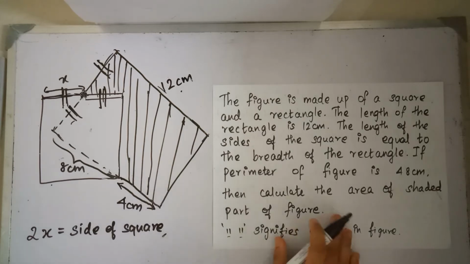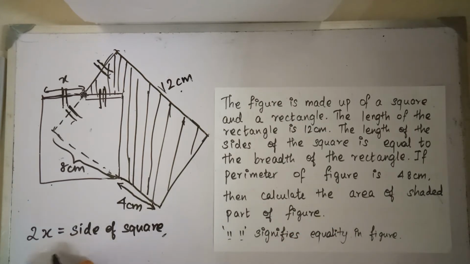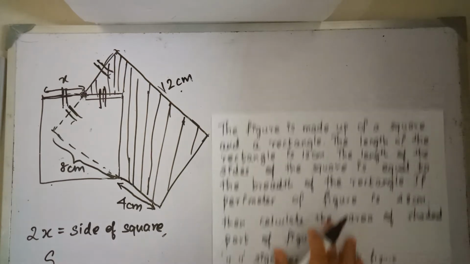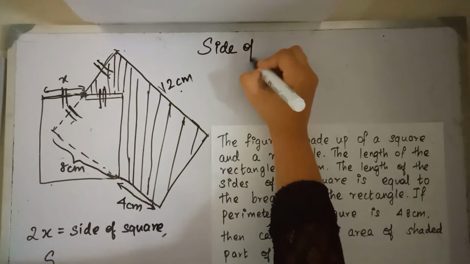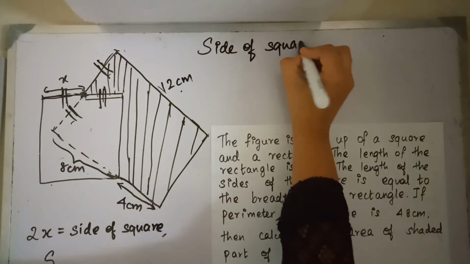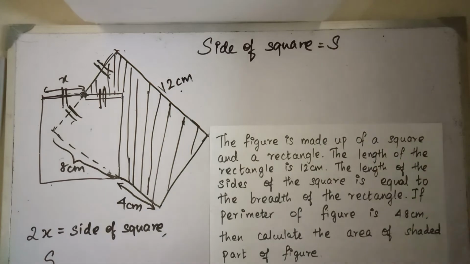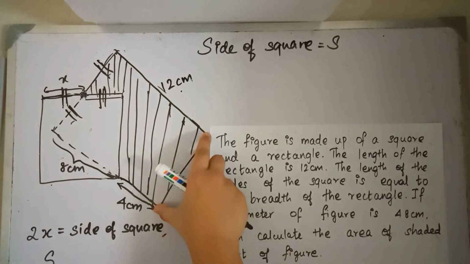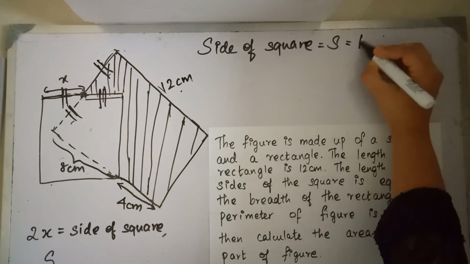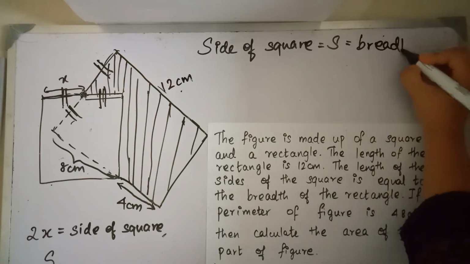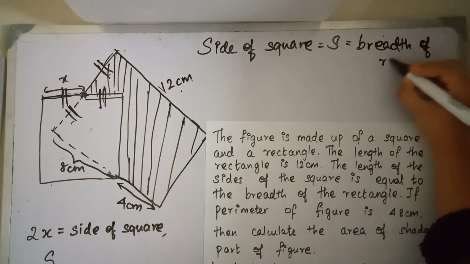So we can have the side of the square represented as s. Now the question has said that the side of the square is equal to the breadth of the rectangle, this part or this part. So s also represents the breadth of the rectangle.